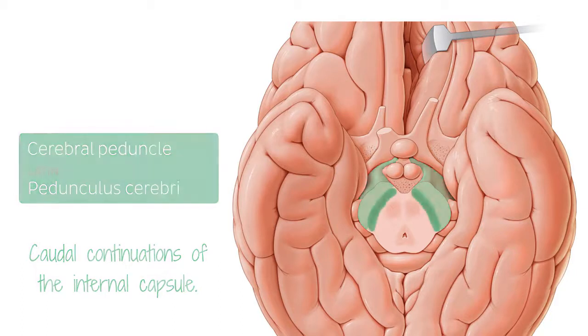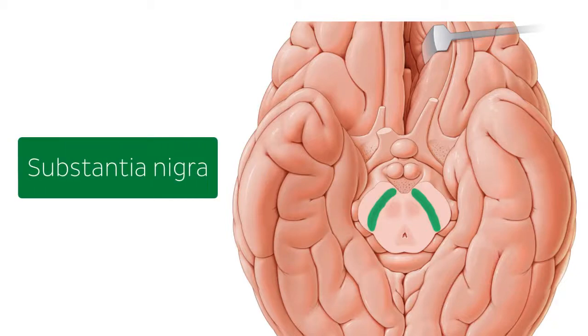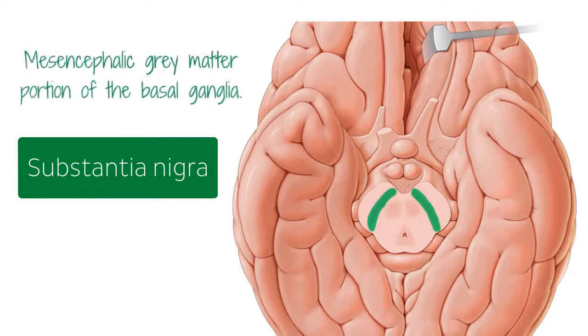Dorsal to the cerebral peduncle, we see this structure here that we're highlighting, which is known as the substantia nigra or black nucleus, which is considered to be the mesencephalic gray matter portion of the basal ganglia. This part of the basal ganglia is black because it is composed of cells that contain melanin.